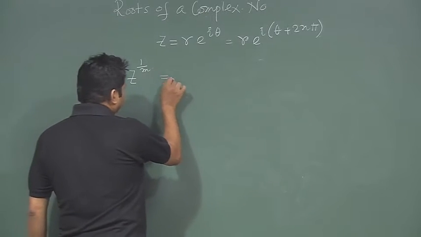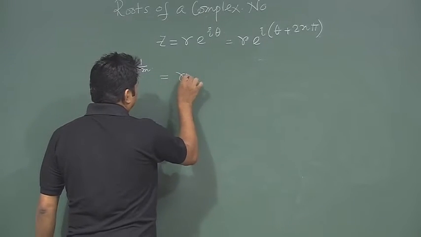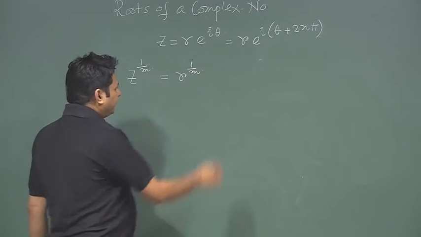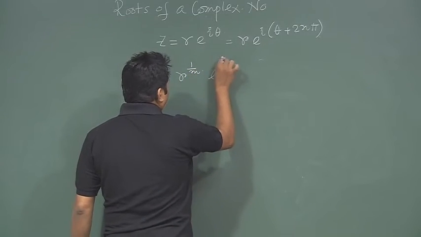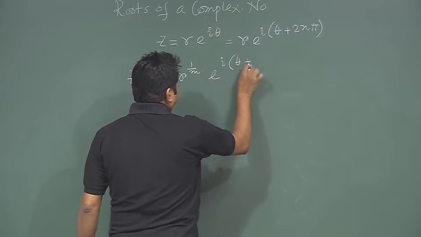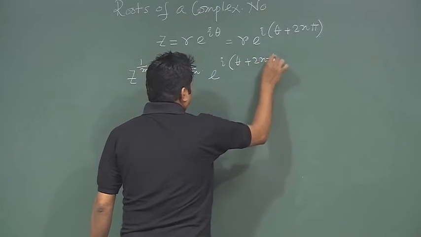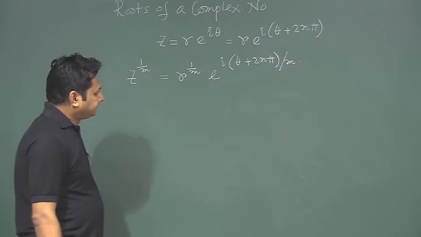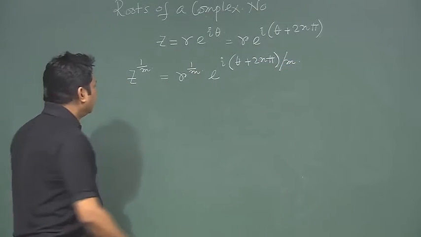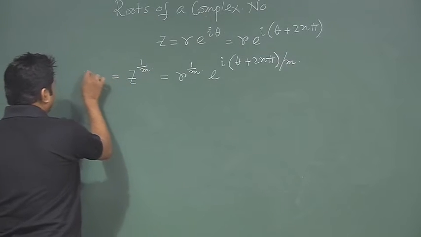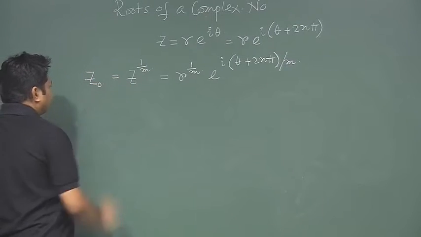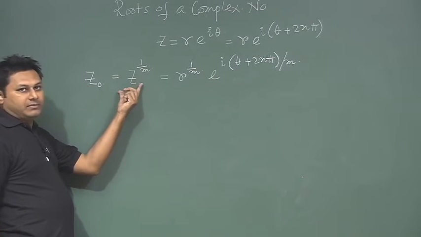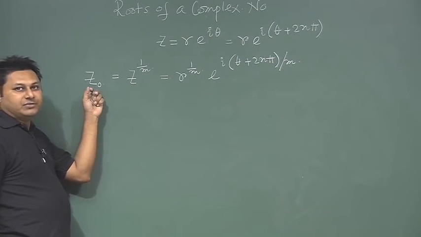If I do that, in the right hand side I should write r whole to the power 1 by m e to the power i (theta plus 2 n pi) divided by m, right, this quantity. I called it my z0 because z0s are the roots of whatever mth root I am trying to find out. So, this is the mth root.